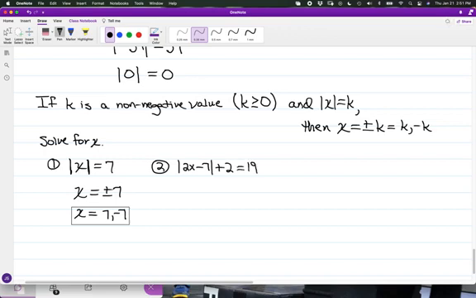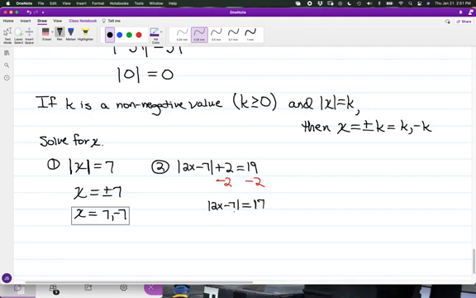So you don't yet have the one-to-one lineup between the absolute value of the expression and the constant k, because that plus 2 is creating a bit of an obstacle. But we can just move the 2 over. In the rewrite, we're going to have the absolute value of 2x minus 7 is equal to 17.